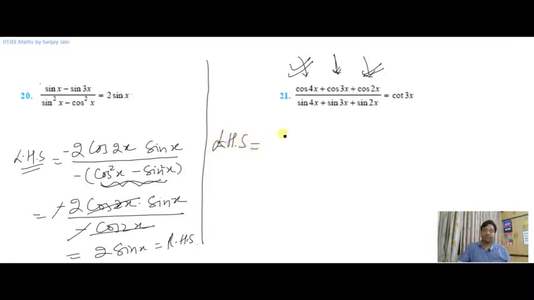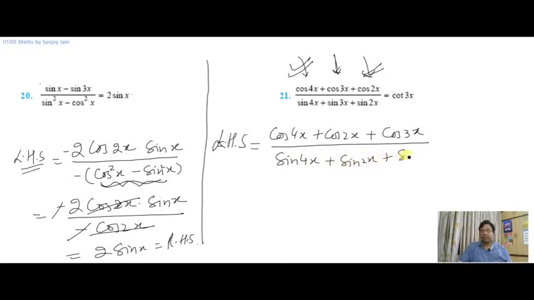Left hand side is equal to cos 4x plus cos 2x. I'll write cos 3x here, and then divided with, this is sin 4x plus sin 2x, and then sin 3x here. So if you can imagine right now, the right hand side you require is cot 3x.